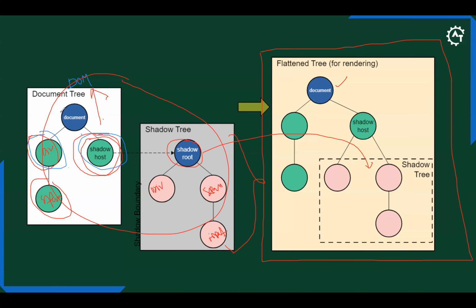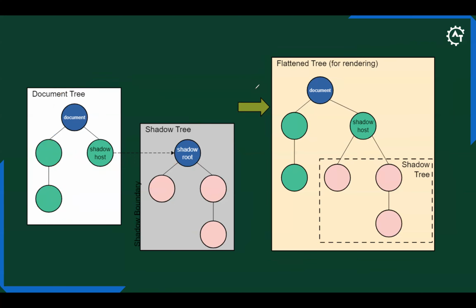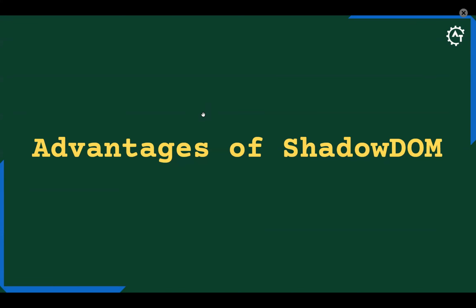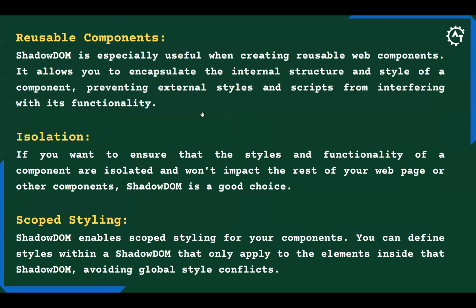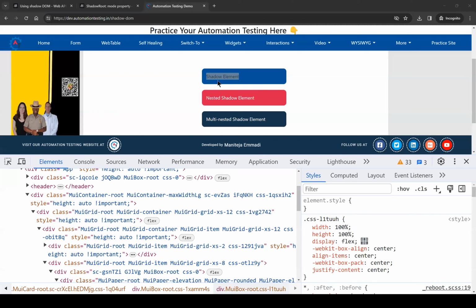Now, if you go back to your normal presentation, what are the advantages of shadow DOM? Reusable components. Just now we were discussing, right? I want to create the same kind of element in multiple pages or multiple places in your website.